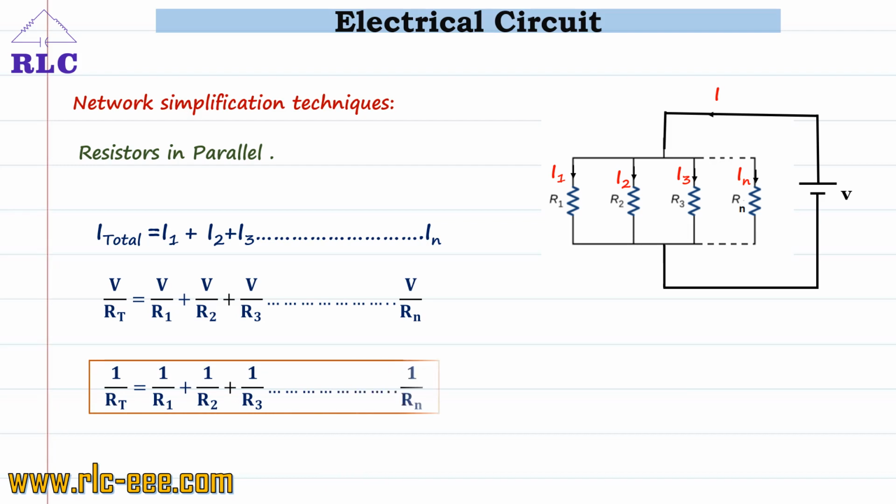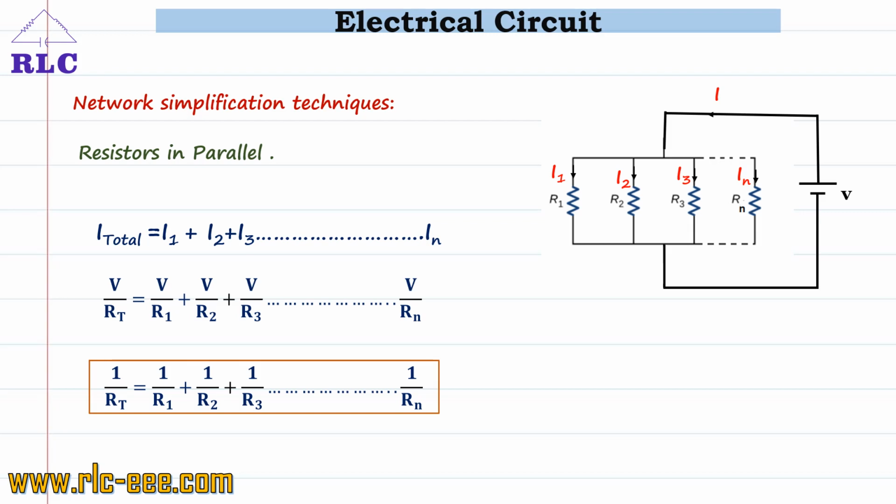So what we can conclude here is it's all the reciprocal. Reciprocal of total resistance is equal to the sum of reciprocals of the individual resistances.